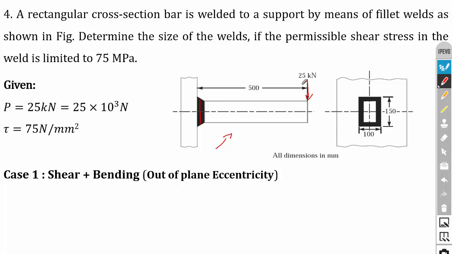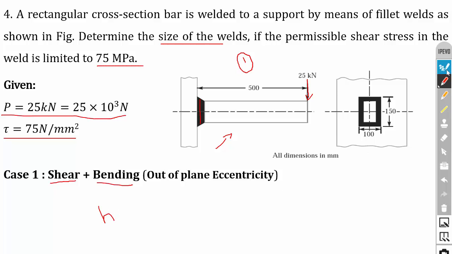So it is not on the same plane, it is on a different plane, so it comes under case 1. That is, the primary stress is shear and the secondary stress is bending. Determine the size of the welds if the permissible shear stress in the weld is limited to 75 megapascal. So the P is given and the tau value is given. We have to find the size of the weld, that is H.